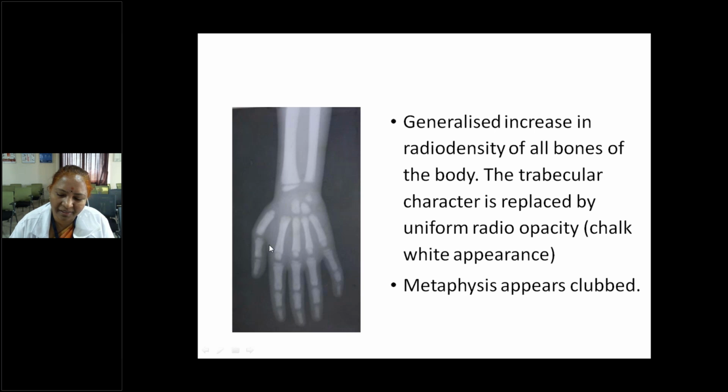So it's seen in case of osteopetrosis. They present with anemia because bone marrow also will be replaced by this bone density. So decreased bone marrow and erythrocytes and all other series, leading to pancytopenia, initially anemia, later pancytopenia, otherwise called marble bone disease.